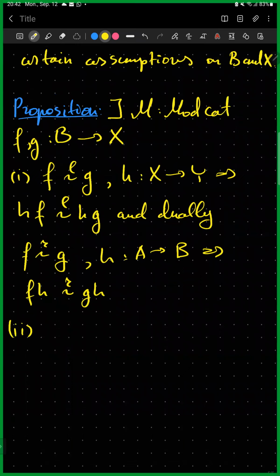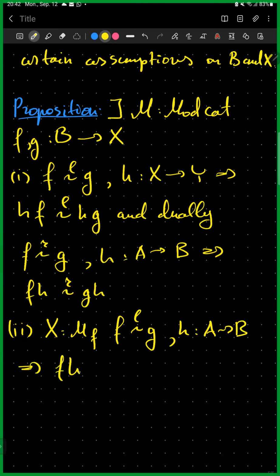The second part states that under the assumption that X is fibrant, if F is left homotopic to G and H goes from A to B, we have the converse statement, namely that the precompositions with H of F and of G are also left homotopic. And dually, you can guess the dual statement.